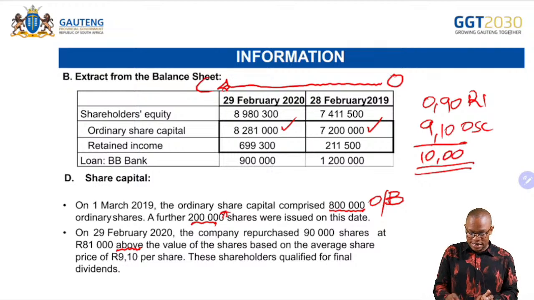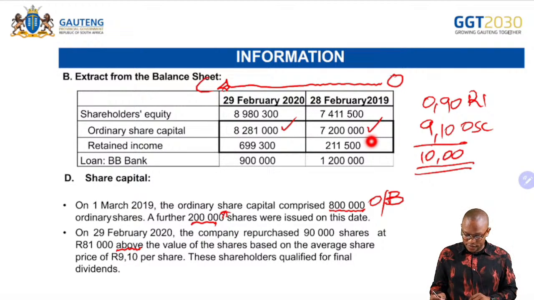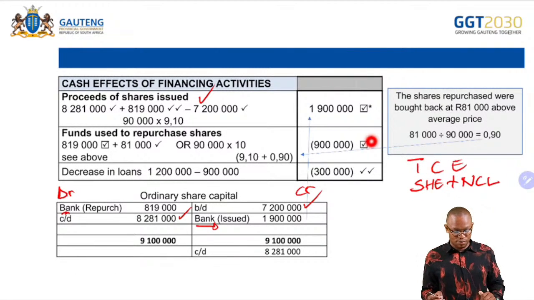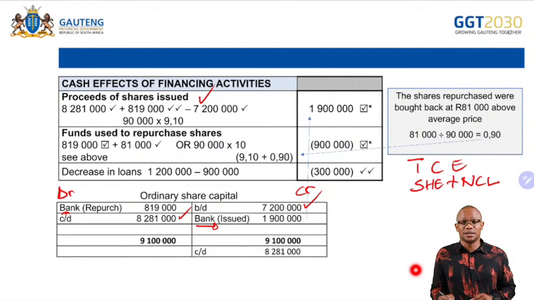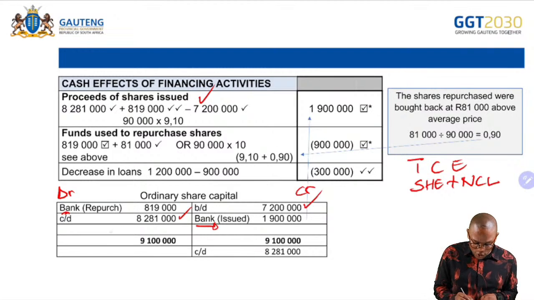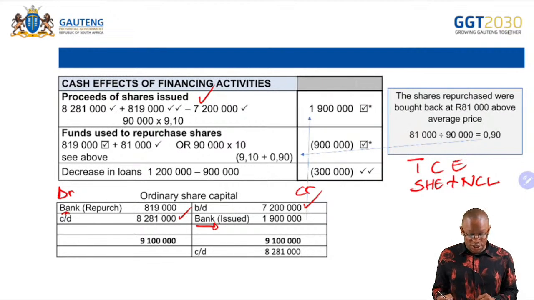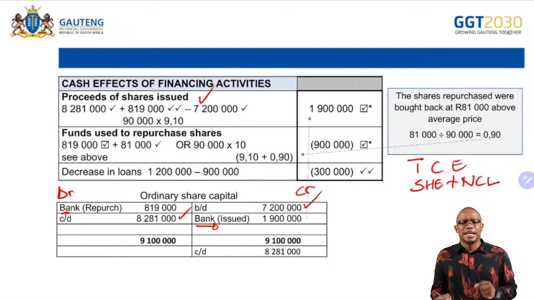So let us check how do we do it on the answer book. We set the opening and the closing, we recorded it. Then now, because we bought back shares, the average price was how much? 9 rand 10 cents. And how many shares did we buy? 90,000.